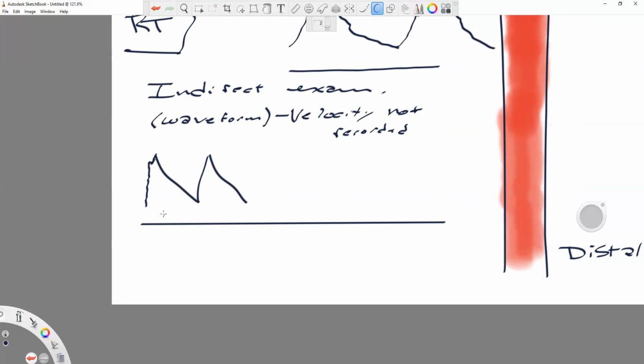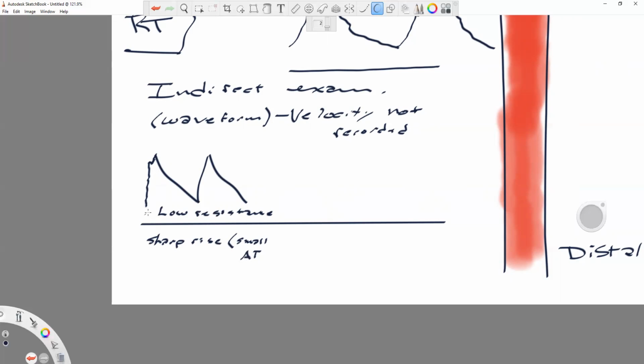But low resistance, in other words, the difference between peak systole and end diastole is not that great. In other words, plenty of forward flow. Sharp rise, in other words, a small acceleration time, AT.